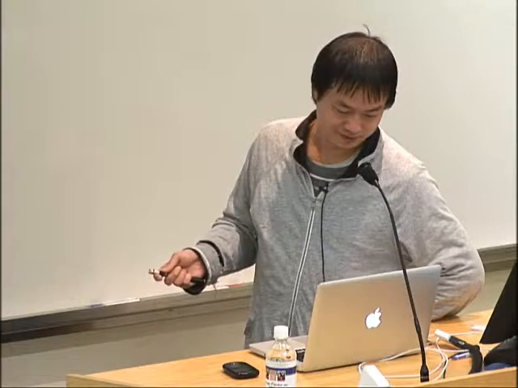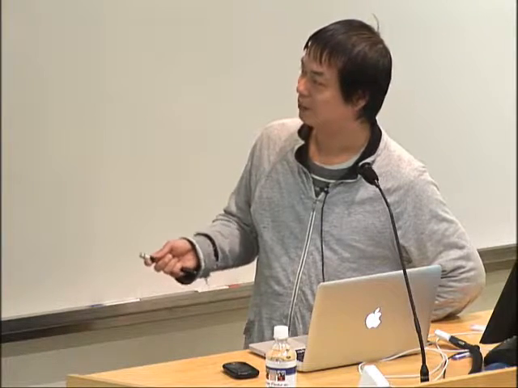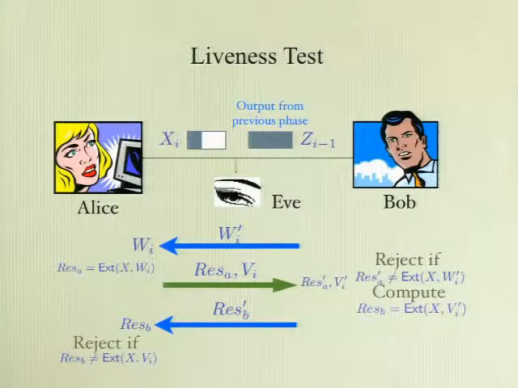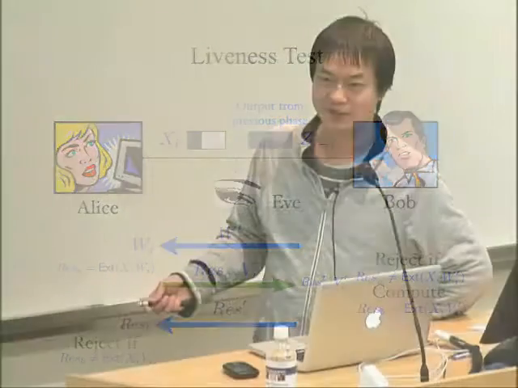And when Alice sends her response to Bob, she will also send her own challenge, this V_i. Bob will also compute the response and send it to Alice, and Alice will also check. If this response doesn't match, she will reject.